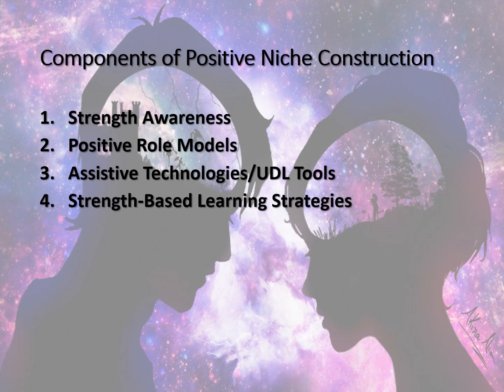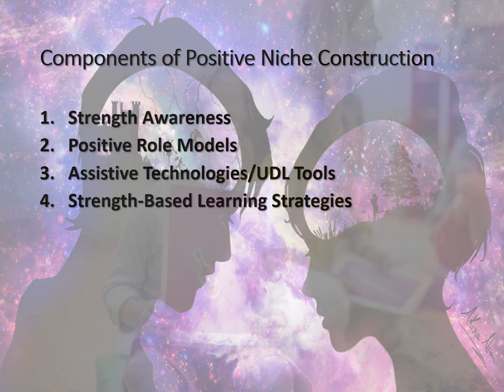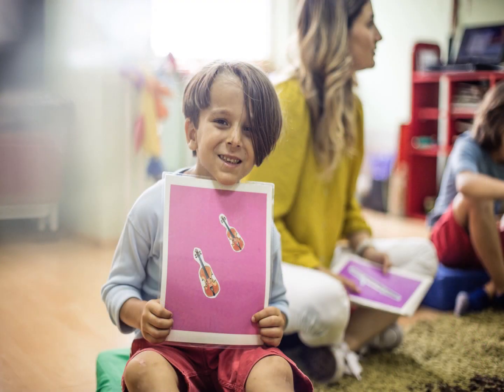The fourth component of positive niche construction is strength-based learning strategies. These are strategies that are based on strengths that are developed to help deal with problems or challenges or difficulties. So for example, many kids on the spectrum have what are called special interests.